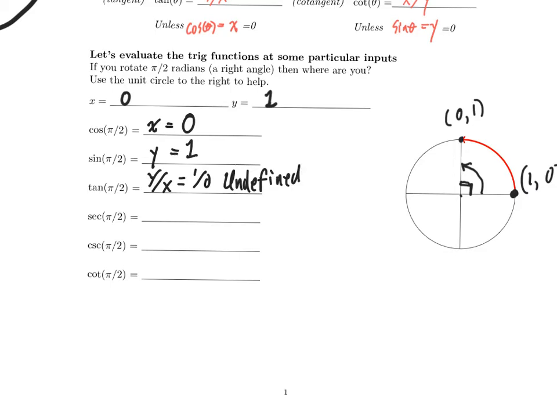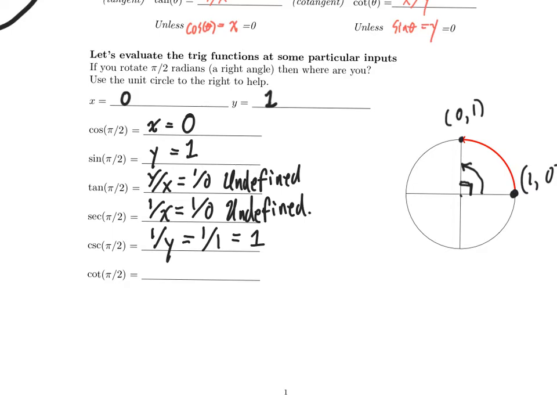The secant of pi over 2, well, secant is 1 over the x-coordinate. That would also be 1 over 0, again undefined. Cosecant is 1 over the y-coordinate, so that would be 1 over 1, equals 1.